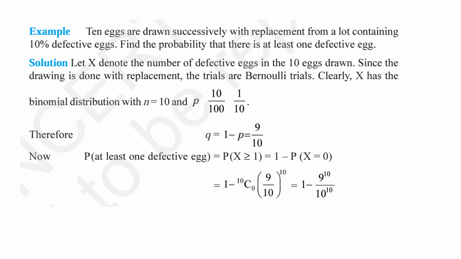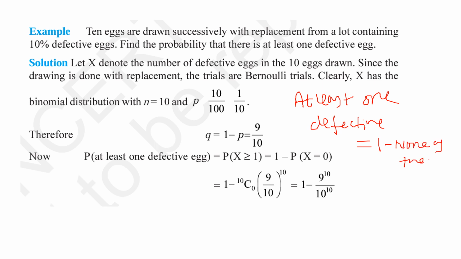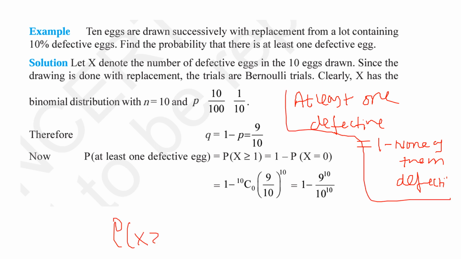So please remember, to solve this kind of question, you can use: at least one defective equals 1 minus none of them defective.